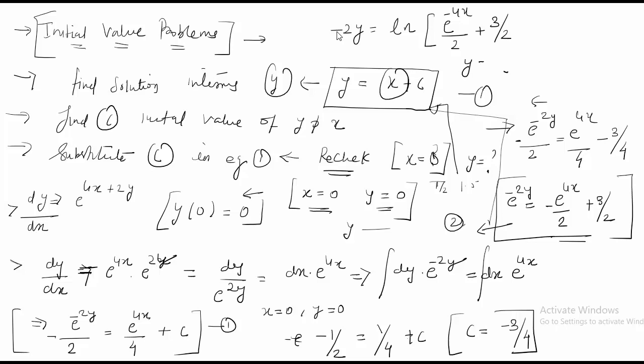So my y is equal to minus 1 by 2 ln of e raised to minus 4x by 2 plus 3 by 2.